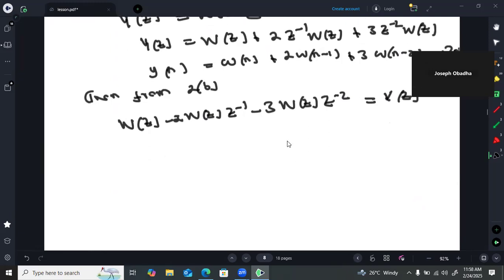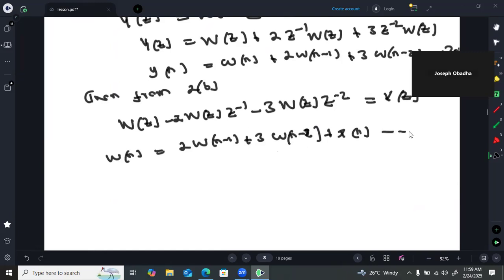Or we have, in the time domain, w of n equal to 2 w of n minus 1 plus 3 w of n minus 2 plus x of n. I will call this 2b.